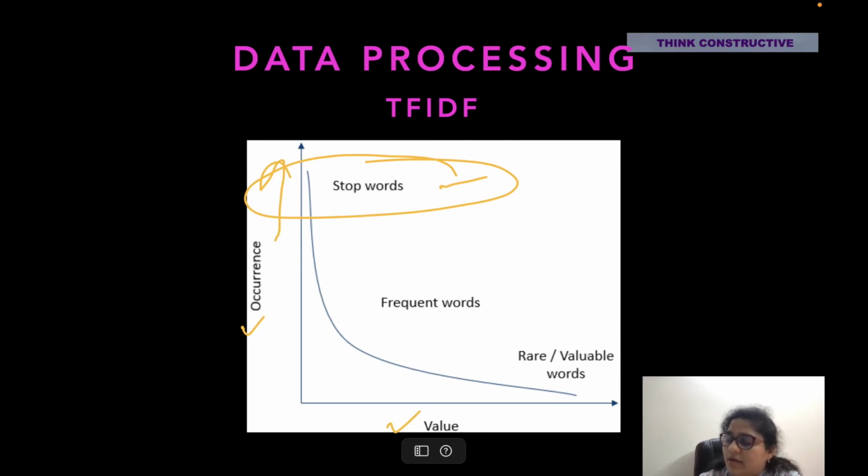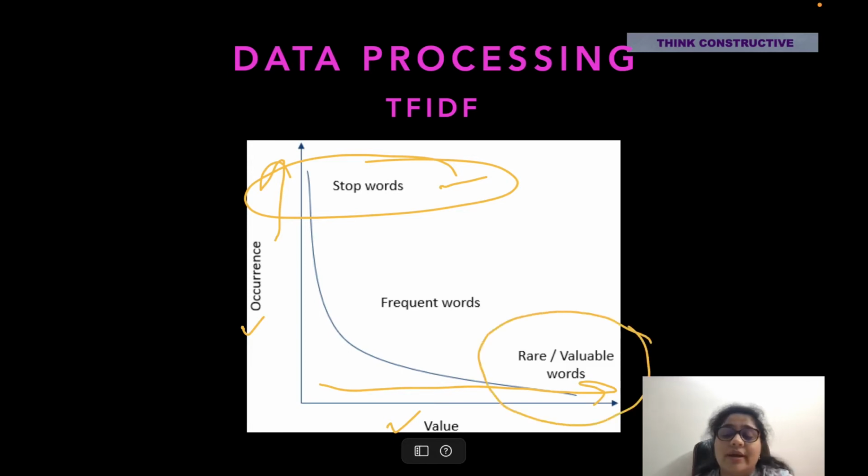Then you can see the words which are low in occurrence but very high in value, and those are called rare or valuable words. Why? Because they come very rarely. Like in our example, therapist is one word which comes only once, but it carries a significant value in that corpus, because someone who is not feeling well or having some issues is going to contact a therapist.